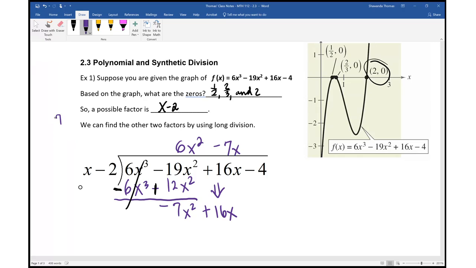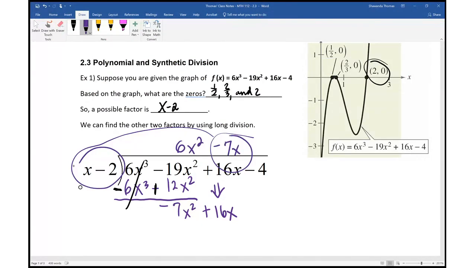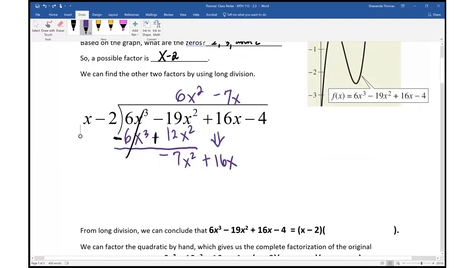All right, so now again, we're going to multiply this times the entire divisor, not just the one term, the entire divisor. So negative 7x times x minus 2, and you might want to write it down as negative 7 times x minus 2 like that, and distribute. You will get negative 7x squared plus 14x.